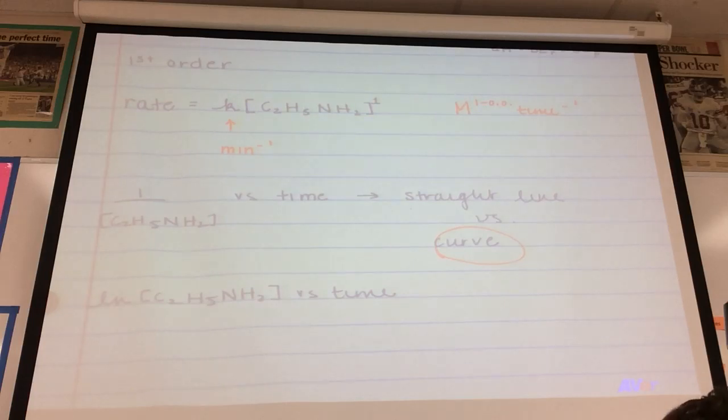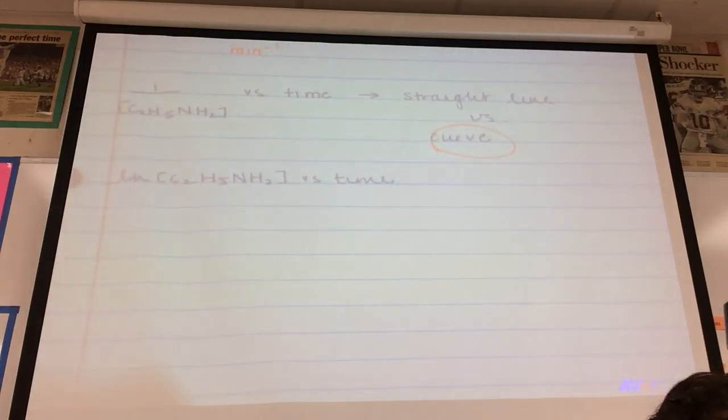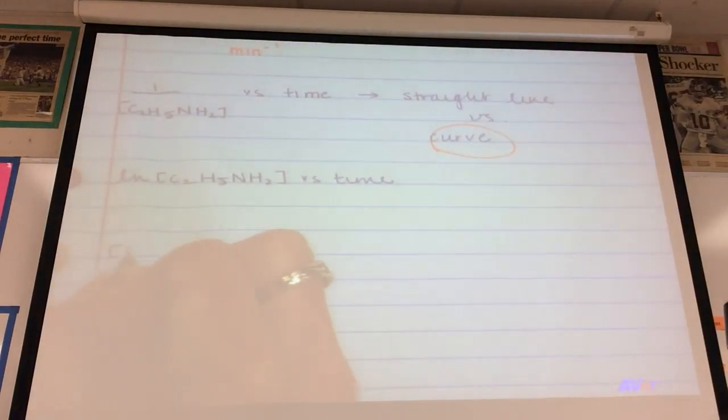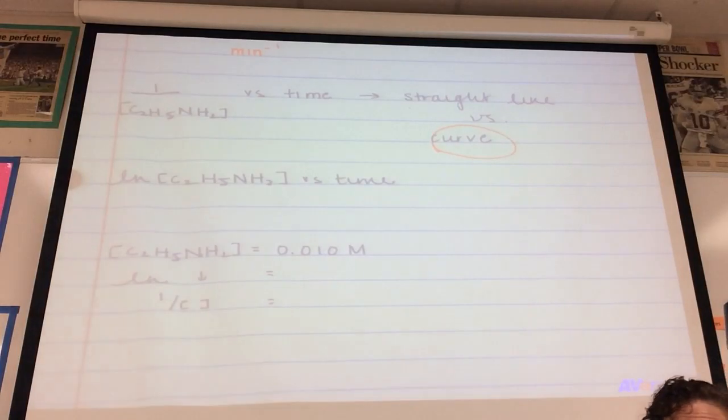I don't think so. That would be 1 over... If you had, let's say that the concentration of this is that, the ln of it versus 1 over the concentration. Let's take a look. I'm pretty sure it's not.